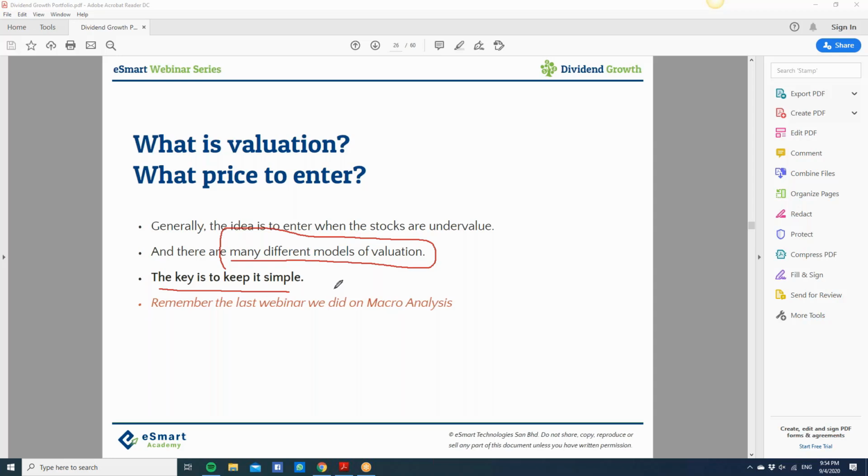If we are trading, then yes, which price you enter is very important, just like how we trade the currency world. Where we enter, where we put our stop, where we put our take profit is key, because that's how we make money. But if you are investing for the longer term, then the exact price of where to enter is not that crucial. The fact is, keep it simple.